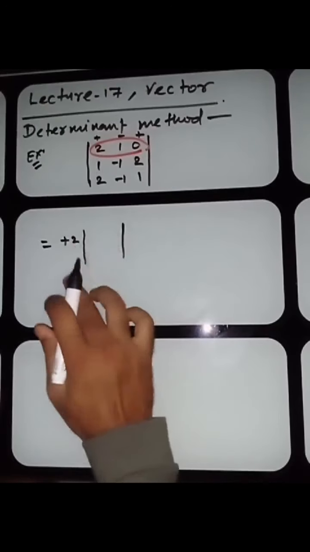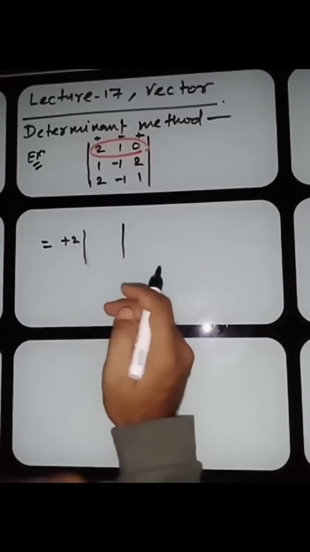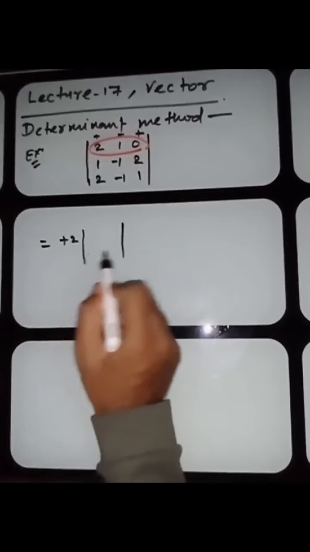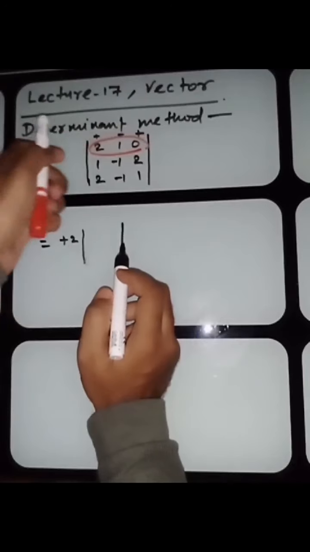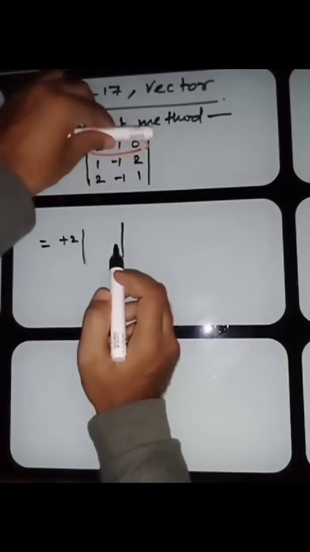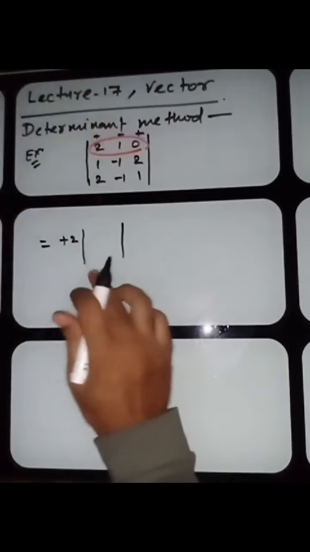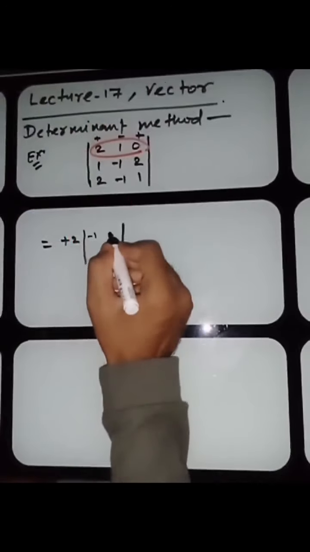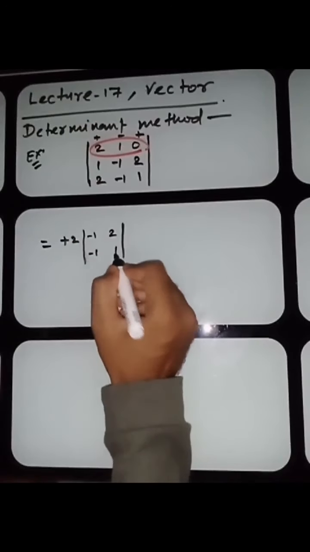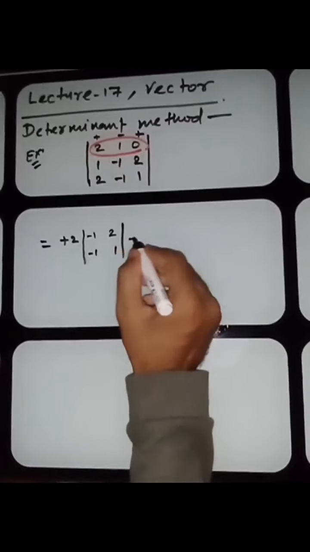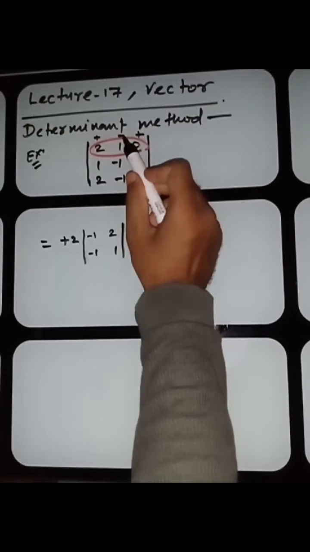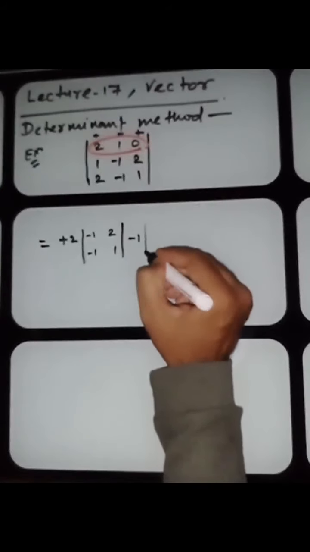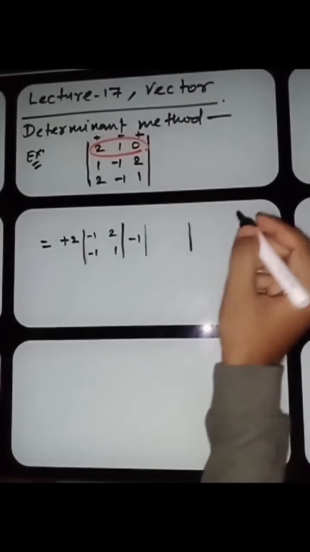After a number of practices, you can solve faster without using this step. Okay, so plus 2, this column and this row will be eliminated. Minus 1, 2, minus 1, and 1. Now minus 1: you can see here it was 1, but we have given here the nature minus 1. In mathematics you will study in detail why we provide this nature.